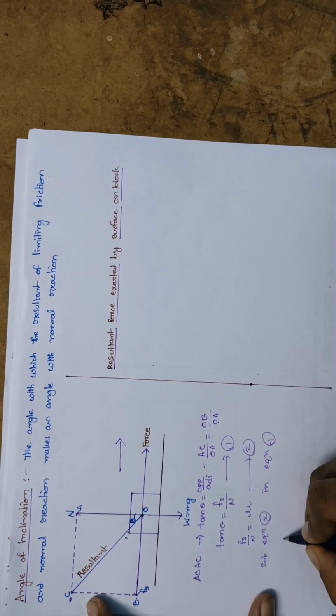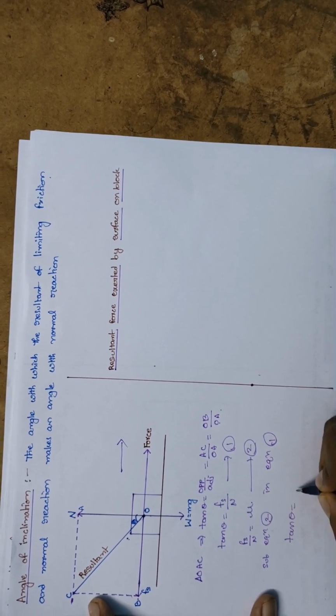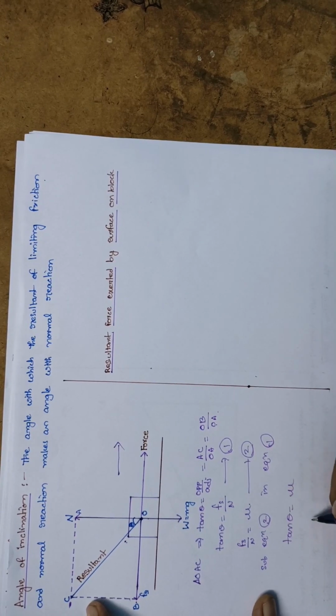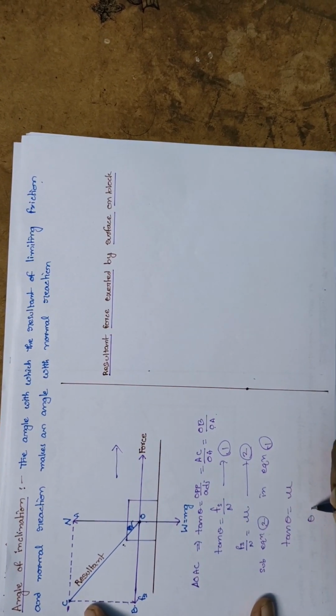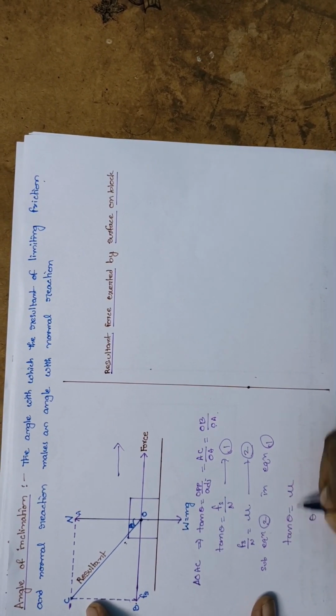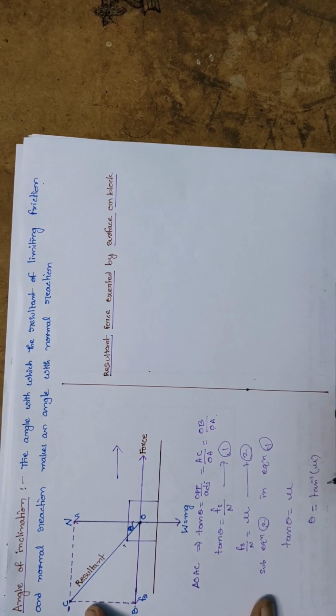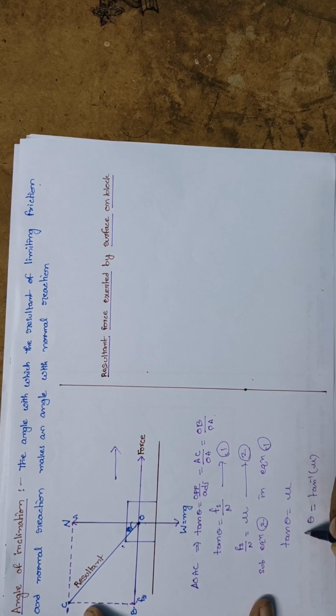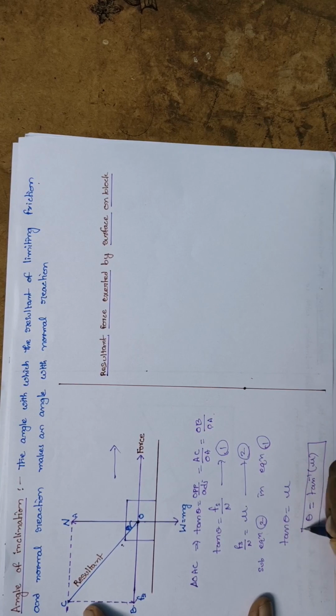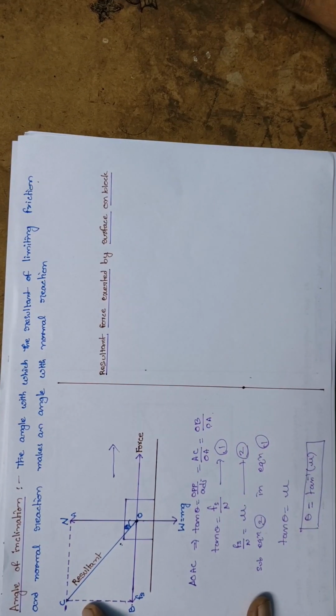Then tan theta is equal to mu. Bringing tan to the other side, theta is equal to tan inverse of mu. So this is the angle of inclination.